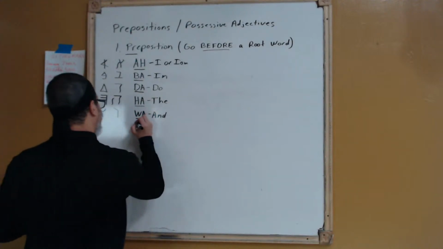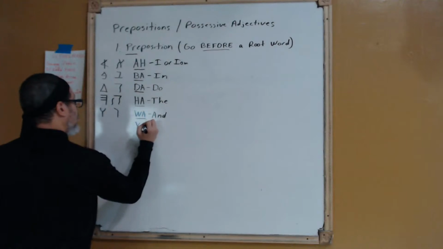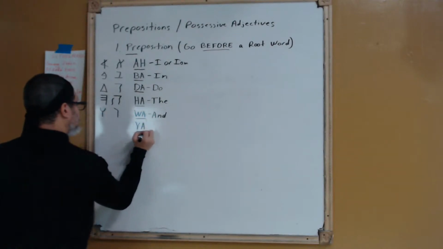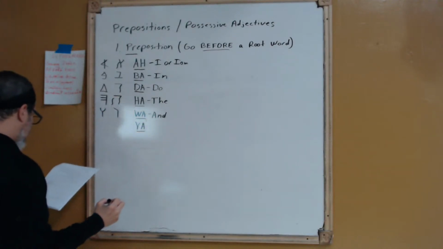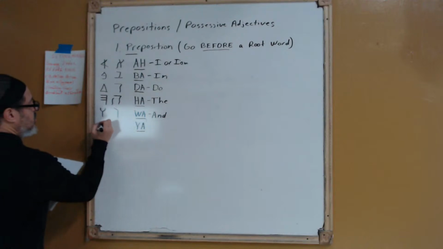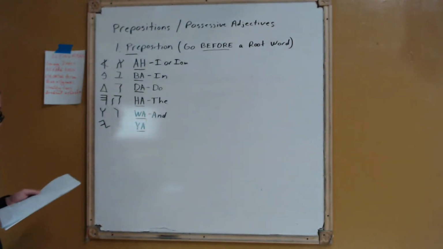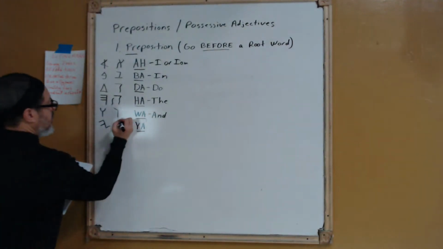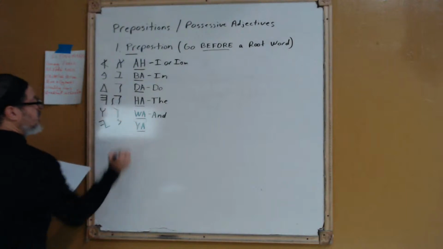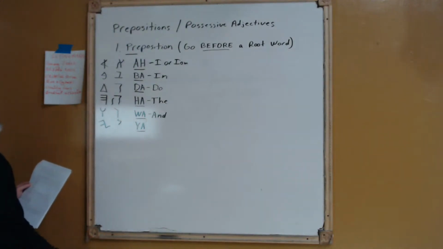Then we have ya, which is YA. And the ya symbol, that's the Z on a slant, and then that line going across. And then the modern, just like that.